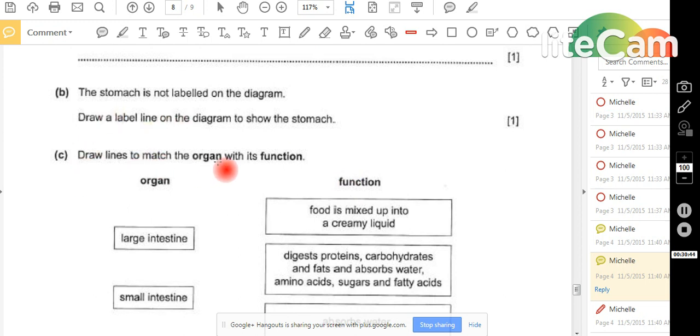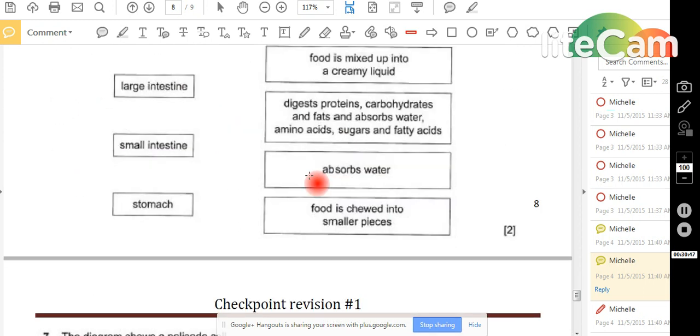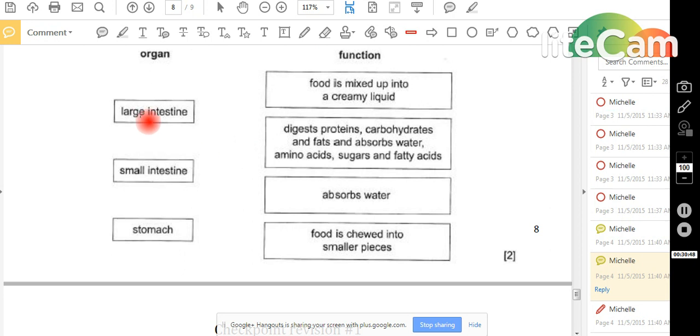Draw lines to match the organ with its function. So the function of the large intestine: is it that food is mixed up into a creamy liquid, or digested proteins, carbohydrates, and fats and absorb water, amino acids, sugars, and fatty acids, or is it to absorb water, or is it food is chewed into smaller pieces?